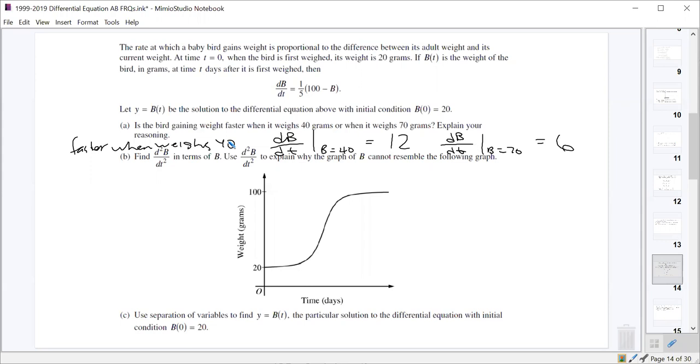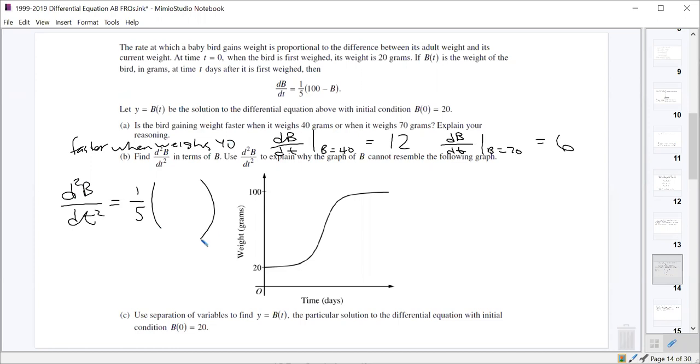Good question. I'll look it up in a minute. Let's do part B and then I'll look it up after. Finding the second derivative. This should be very similar to the last one where we found the second derivative. So that should be our second derivative of B with respect to t. Should be the derivative of 1/5 of 100 minus B. We could distribute the 1/5 through again like we talked about last time, or we could just leave the 1/5 out in front.